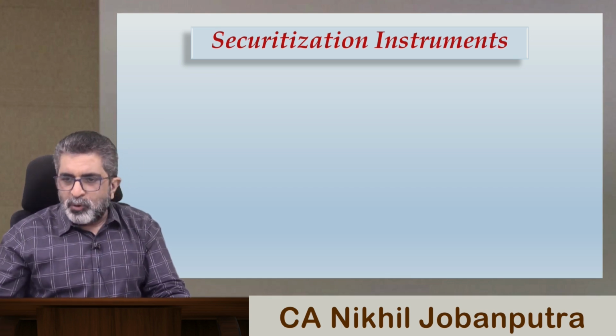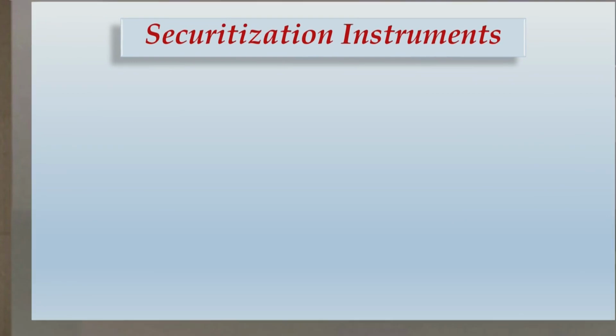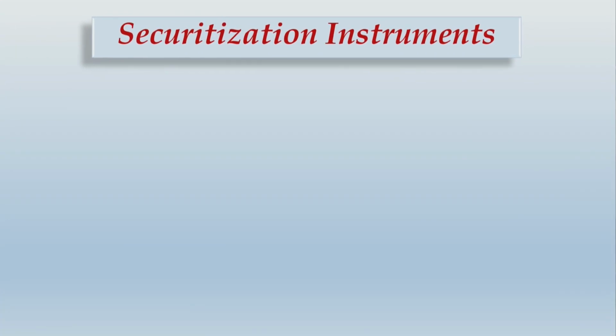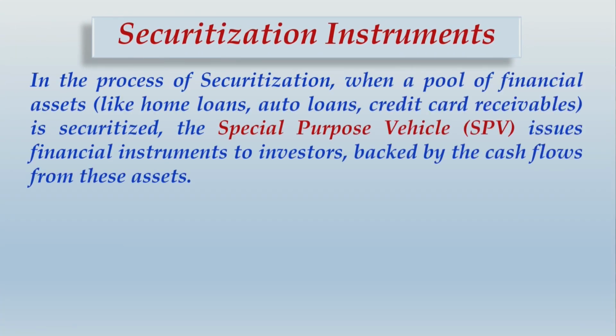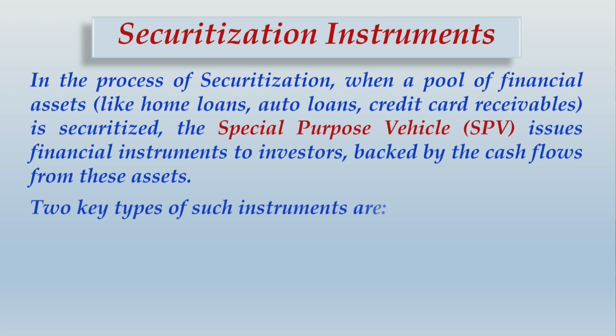So let me give you some important notes on this. First of all, under the heading securitization instruments, you may want to write: in the process of securitization, when a pool of financial assets like home loans, auto loans, credit card receivables is securitized, the special purpose vehicle, that is SPV, issues financial instruments to investors backed by the cash flows from these assets.